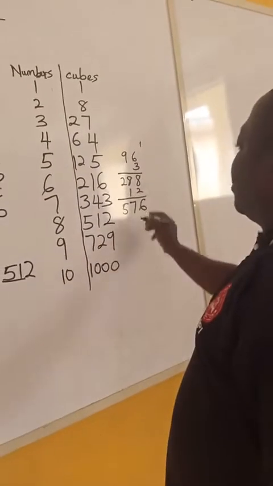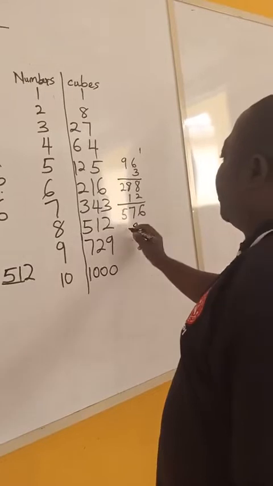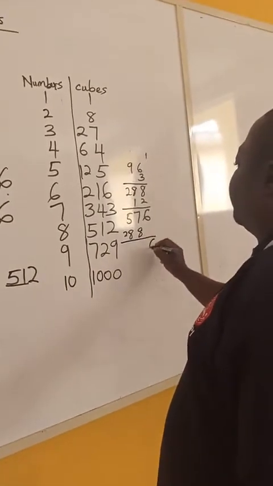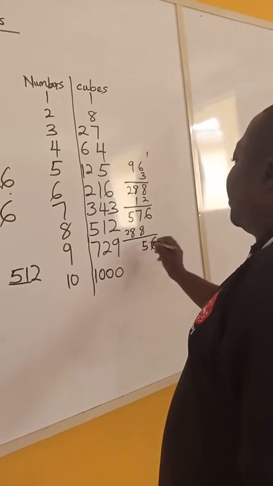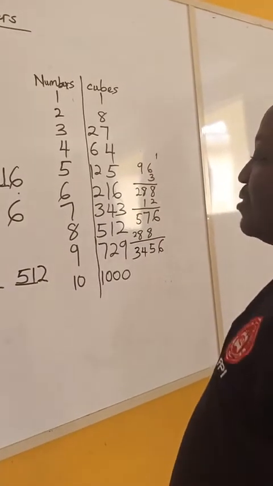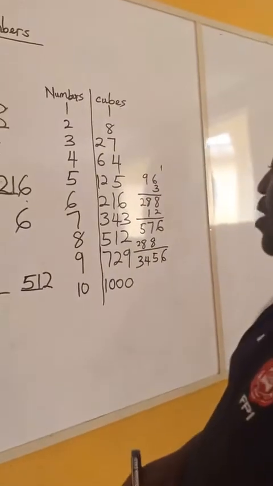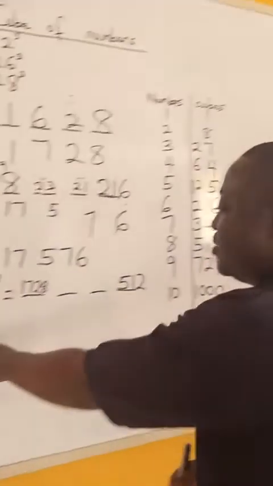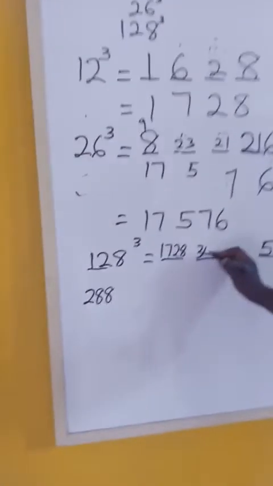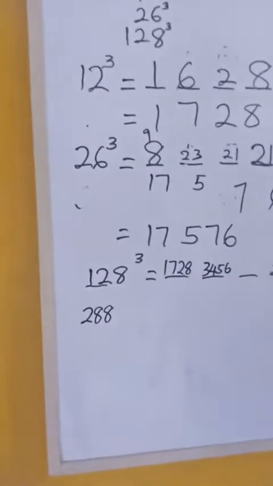Then 8 times 1, 8. 2 times 1, 2. Let's do the addition. 6, 5, 4, then 3. So that is 3,456. So 288 times 12 is 3,456. So we are filling this space with that.